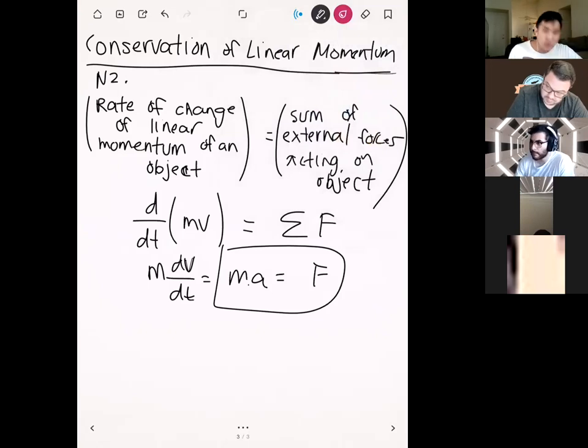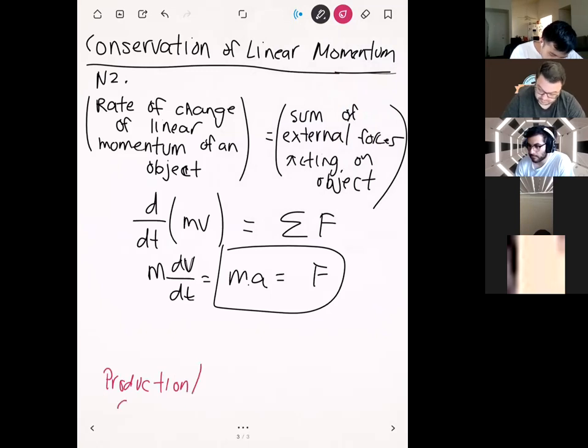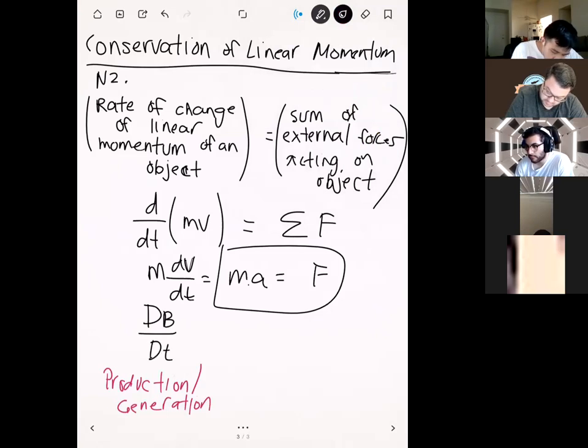Okay, and so we can take this idea into fluid mechanics. In particular, think about our three big terms for Reynolds transport: our production or generation term, our accumulation term, and our inflow outflow term. I want to focus on just one term right now, which is the production generation term. Remember, our production generation term looks like this, our big derivative.